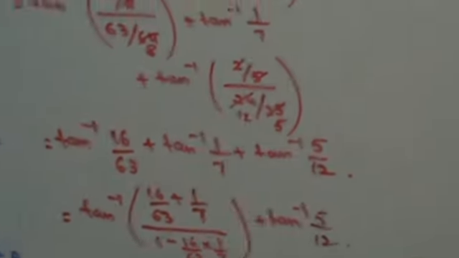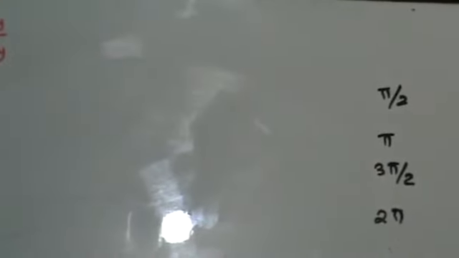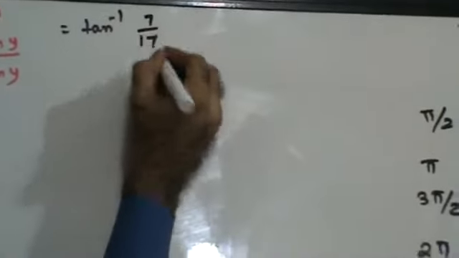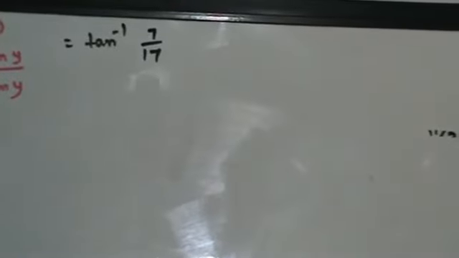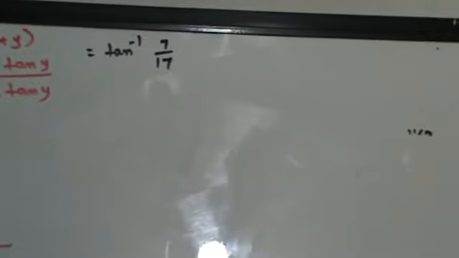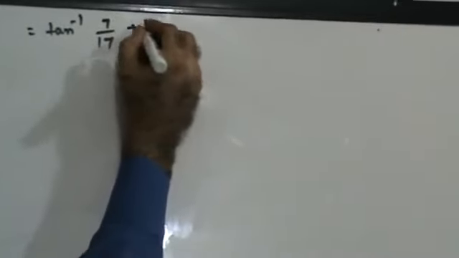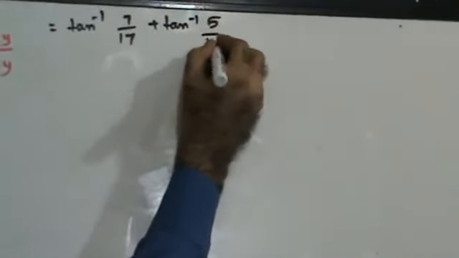Right? Now, this could be further expanded. When you simplify this, once I do the LCM and simplify, this should give me tan inverse of 7 by 17. That is, 16 by 63 plus 1 by 7 upon 1 minus 16 by 63 into 1 by 7 should give me 7 by 17, plus tan inverse of 5 by 12.